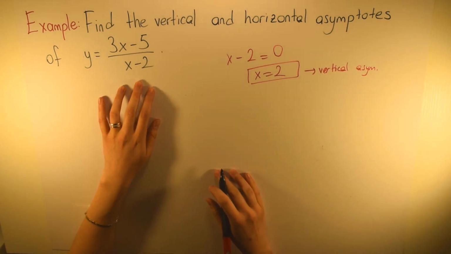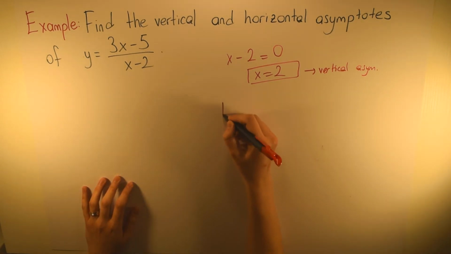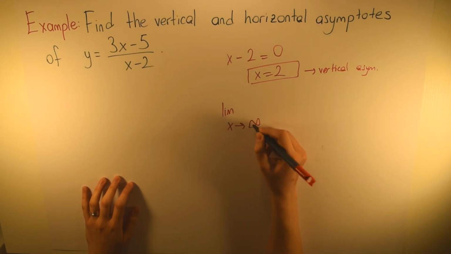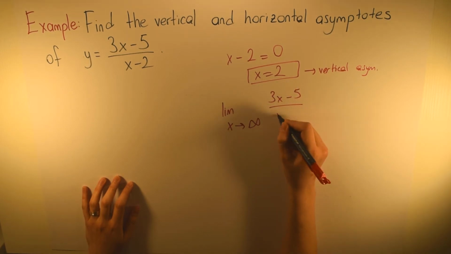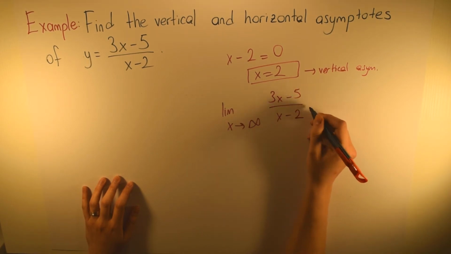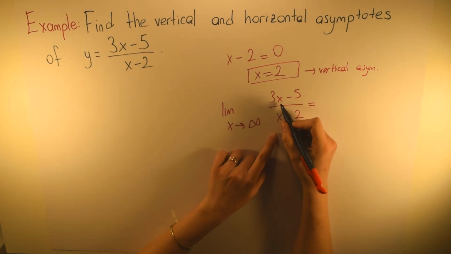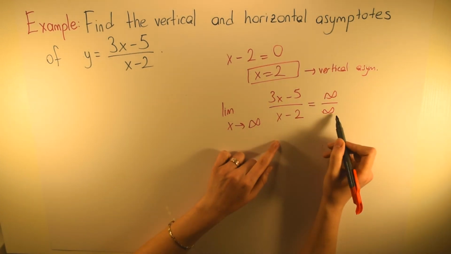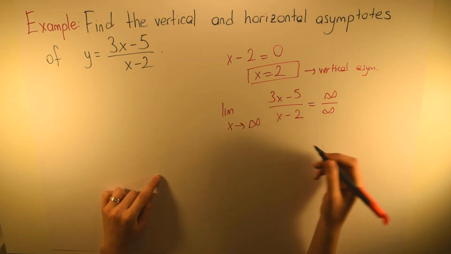So how do we find our horizontal asymptote? We will take its limit: limit as x approaches infinity of 3x minus 5 over x minus 2. When I put infinity instead of x, it will be infinity over infinity, right? So we cannot evaluate this, that's why I will use L'Hopital's rule. How do we do that?